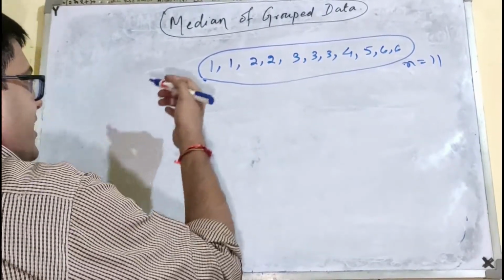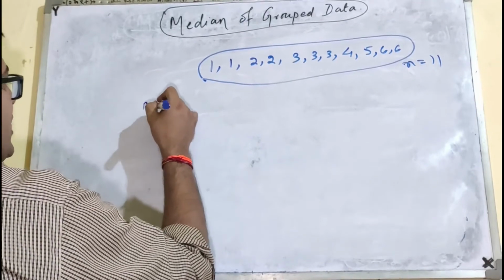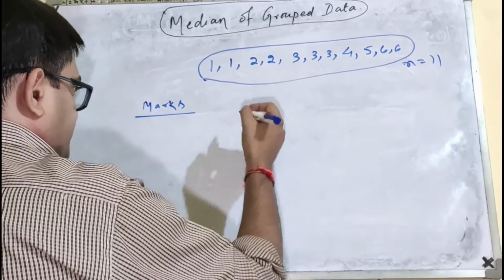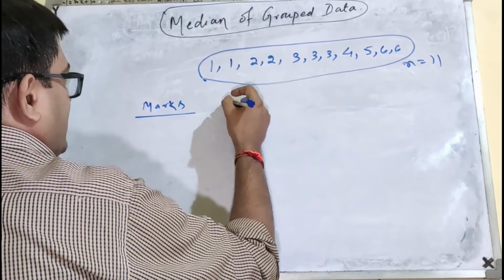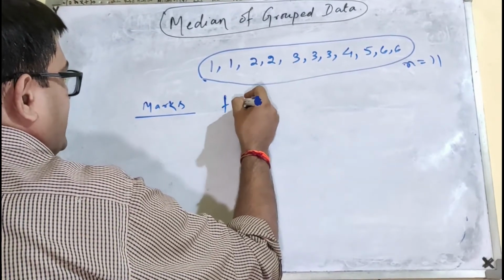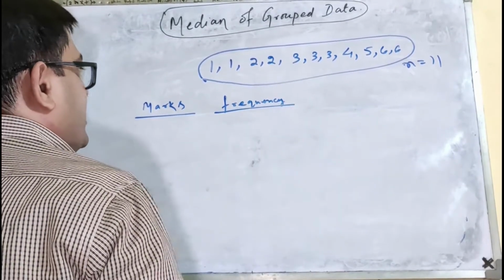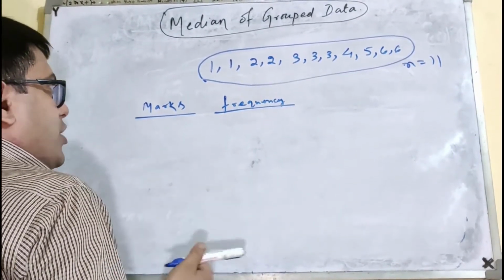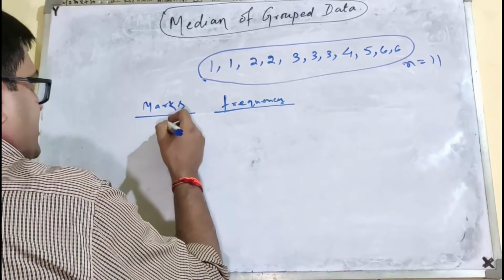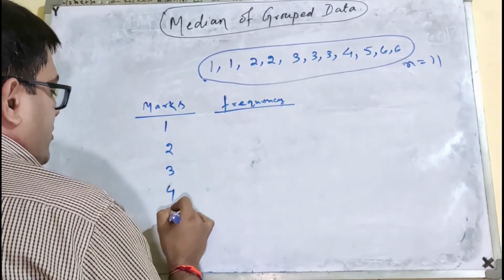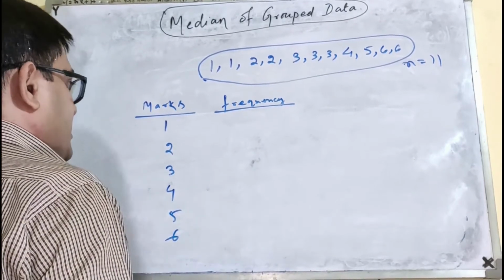of my class. So I'll arrange them in a table, and then I'll find frequency. What is frequency? How many students have got the same mark? Marks are 1, 2, 3, 4, 5 and 6.